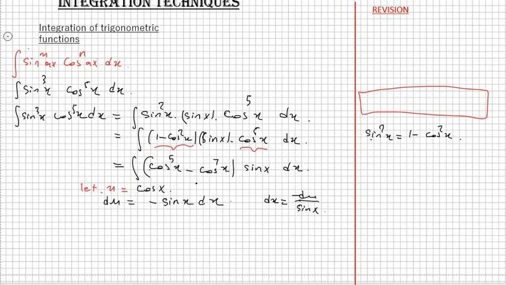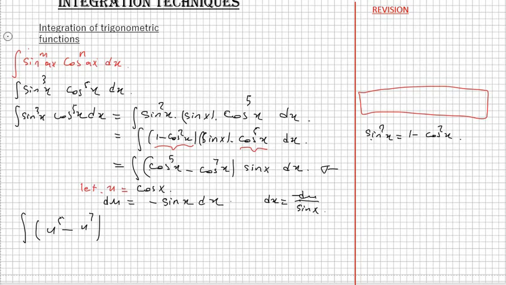So now I can write this expression in such a way that it is only in terms of u. So I have the integral of, if u is equal to cos x, then cos to the power 5 is equal to u to the power 5, and cos to the power 7 is u to the power 7.